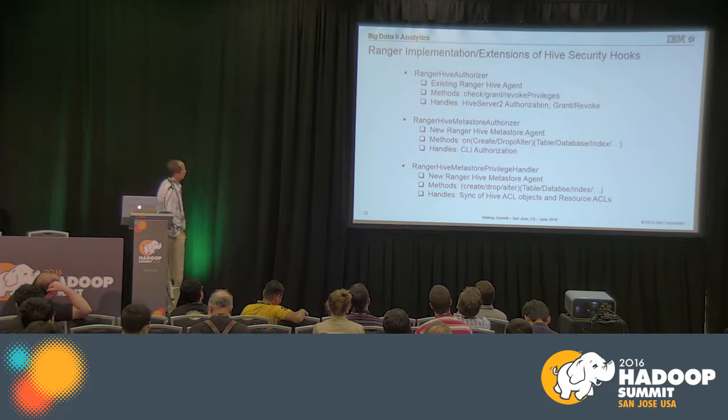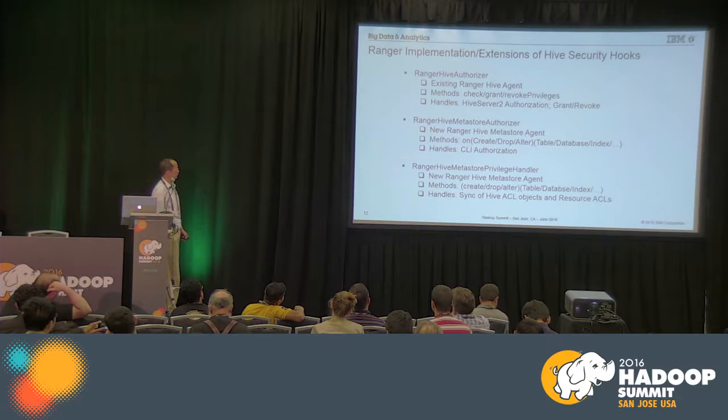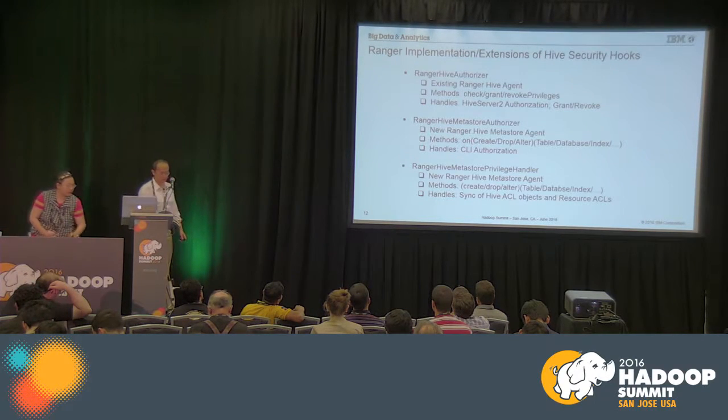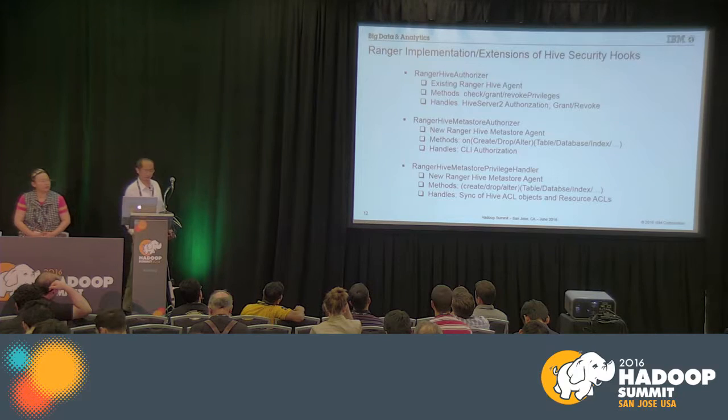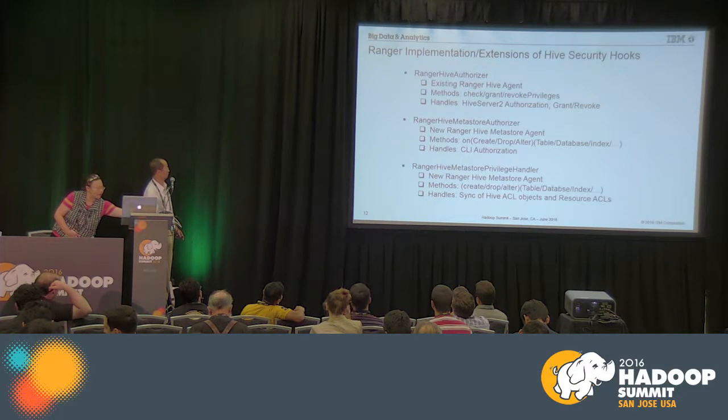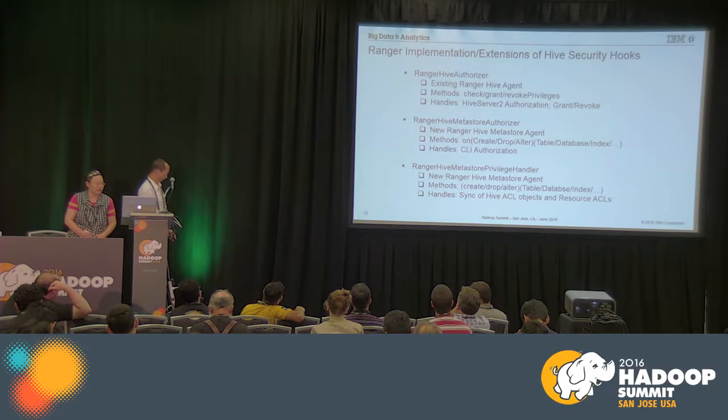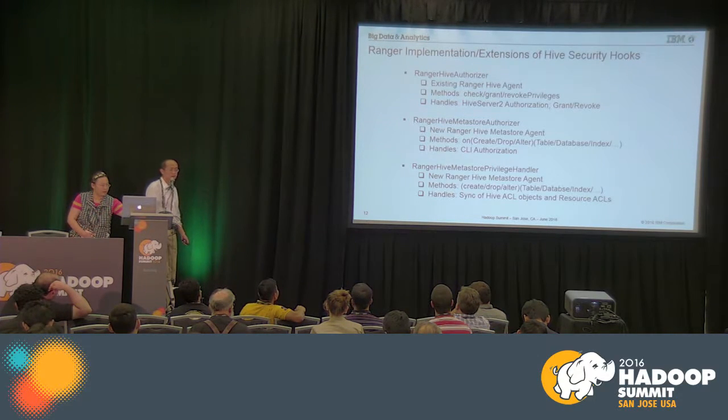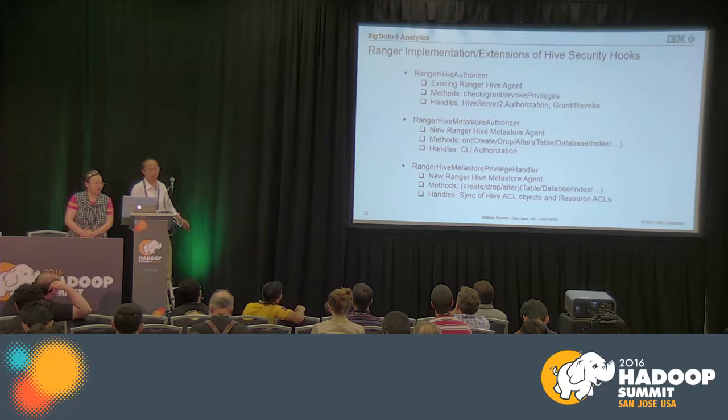The first one basically handles the authorization before any Metastore operation is invoked. The last one is after the Metastore operation is invoked. So it handles the sync of the echoes, which could be Hive database objects or the HDFS echoes. It handles the sync of both echoes.